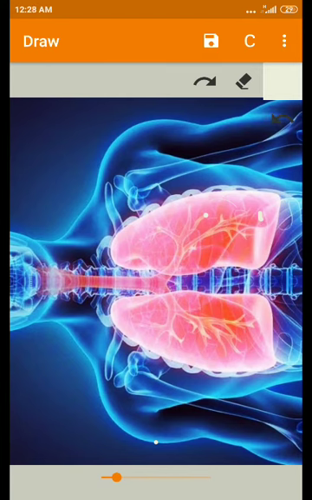Once air is trapped inside the lungs, what happens to the size of the lung? The size of the lung will increase. Once the size of the lung is increased, such lungs are called hyperinflated lungs.